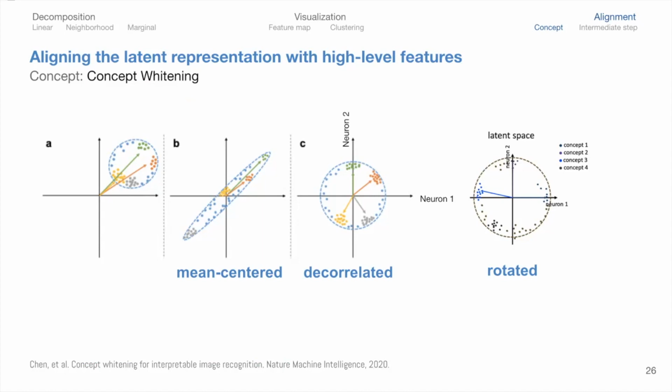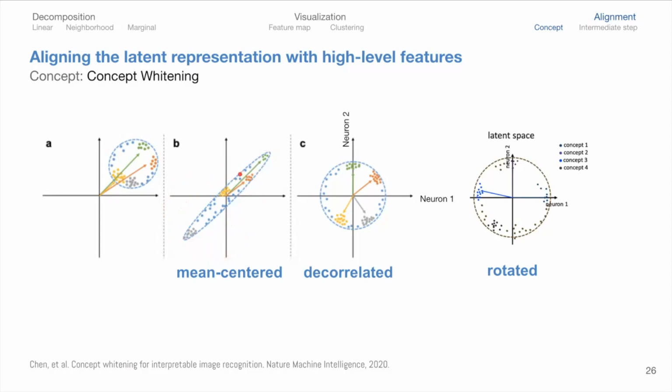To do so, it replaces the normal batch normalization layer in the CNN with the concept whitening layer. What the concept whitening layer does is it also does the normalization approaches as we see here: it does the mean centering.